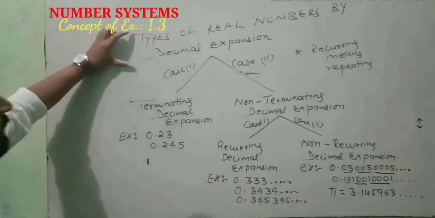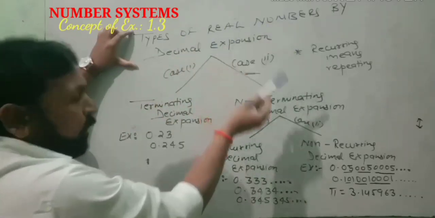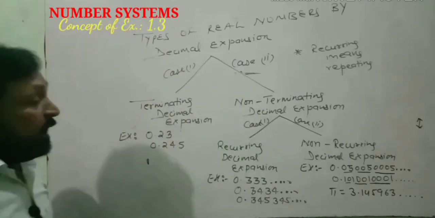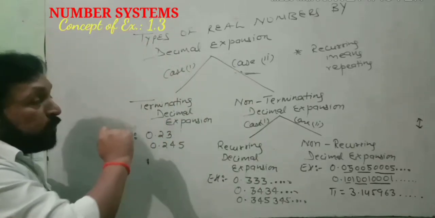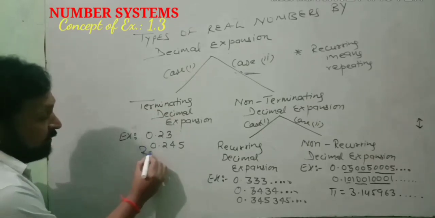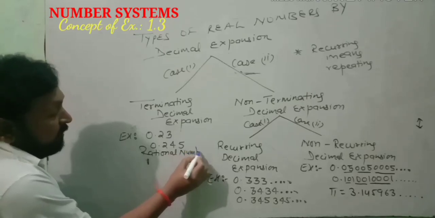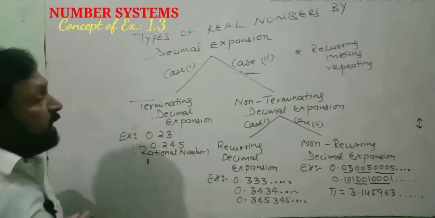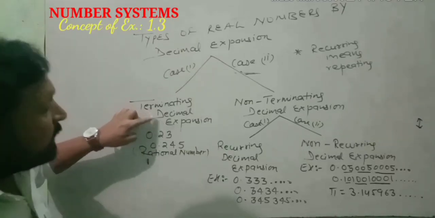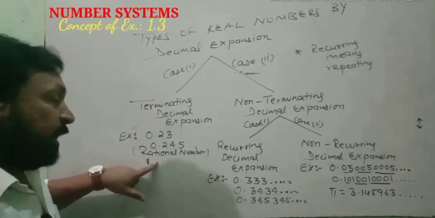That's why I had given the topic here, types of real numbers on the basis of decimal expansion. See here, if the decimal expansion is of kind terminating decimal expansion, then that number is a rational number.